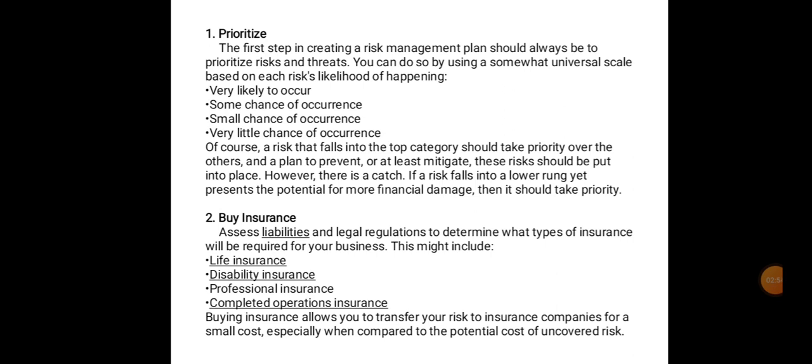Okay, the first step in creating a risk management plan should always be to prioritize risk and threats. You can do so by using a somewhat universal scale based on each risk's likelihood of happening. Okay, very likely to occur, some chances of occurrence, small chances of occurrence, very little chances of occurrence, like that you need to prioritize.